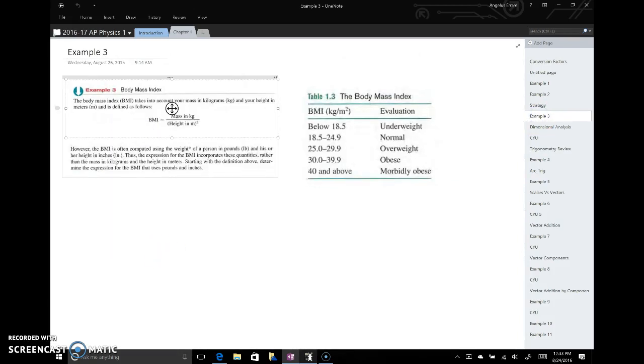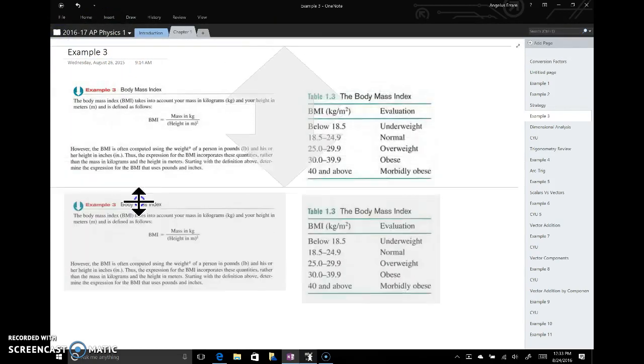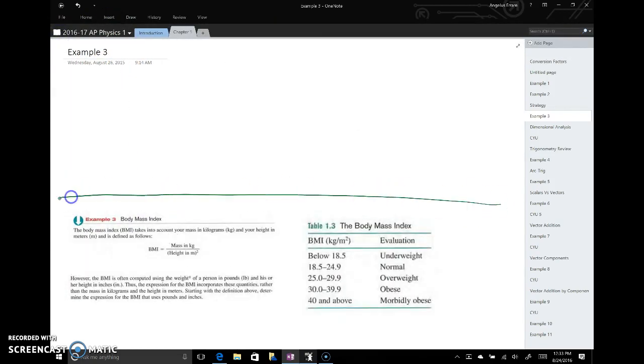Okay, before we do example 3, I want to talk to you a little bit about the third type of problem. Let me give you an example here.